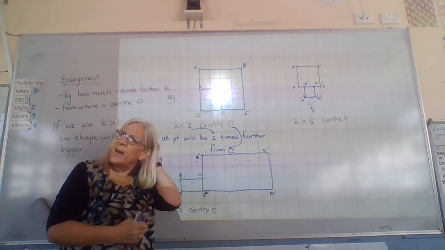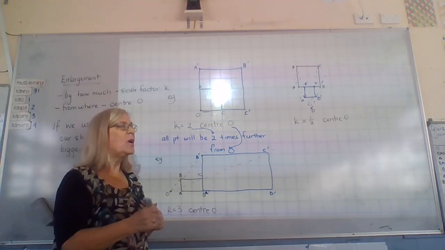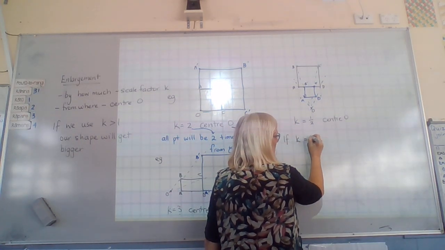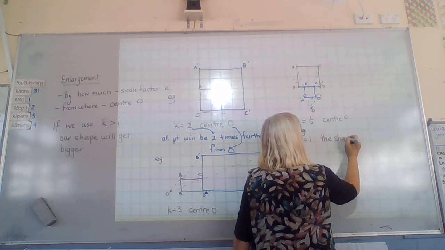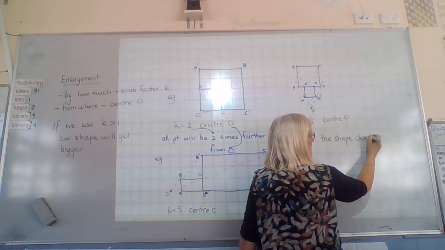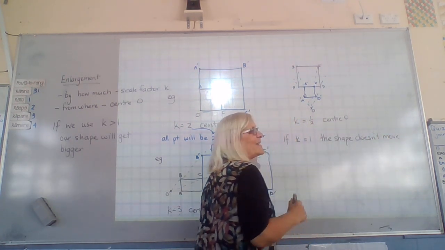What would happen if the scale factor was 1? Emma? It wouldn't change. It won't move. So if K equals 1, the shape doesn't move. What points are invariant? O. Good. Any point that is the centre.